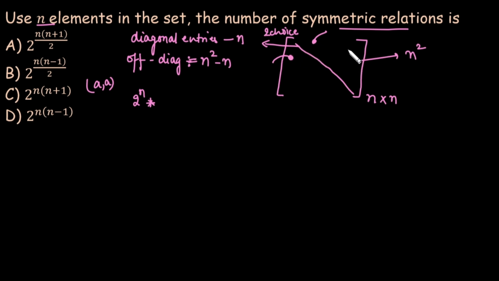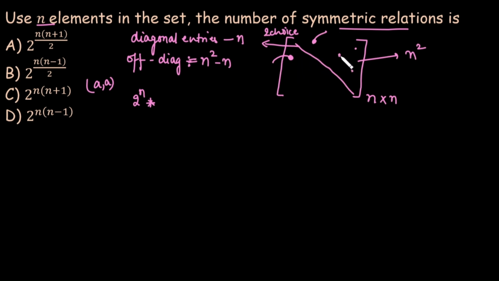Similarly, if we pick any entry from the upper diagonal area, if it is represented by 1, its corresponding lower diagonal entry will be 1. And if these entries are 0, then the corresponding lower diagonal entry is 0. So it's like we are working pairwise.